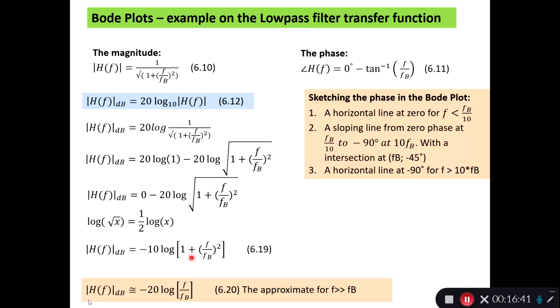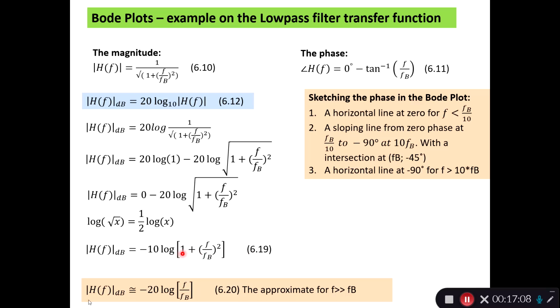So we have 1 plus f over fb, that's squared. Since this 1 plays a small role when we deal with the bigger values here, we can disregard it as an approximation for frequencies that are way higher than the breakpoint frequency.